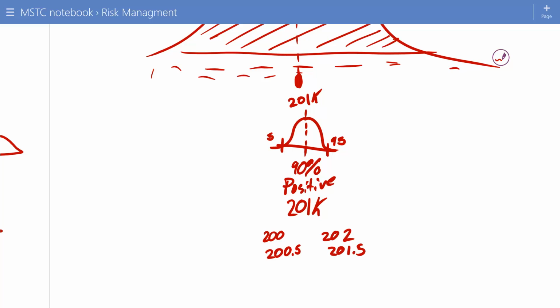And it doesn't have to be your mean, you can run this on any statistic. You can run it on your 75, you can run it on individual numbers that you pull out of this bell curve. So that is a little more in-depth into what standard error is and what he's looking for.